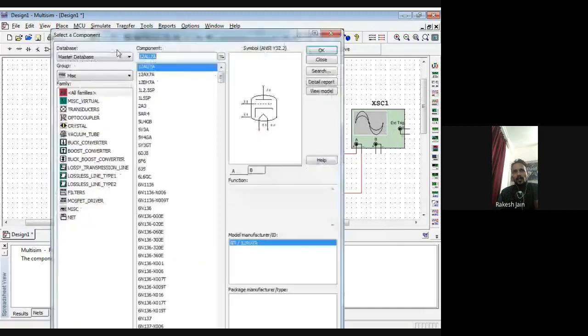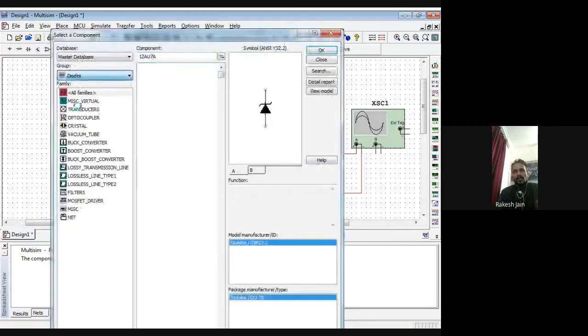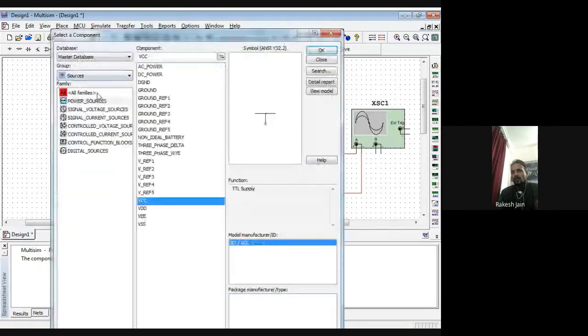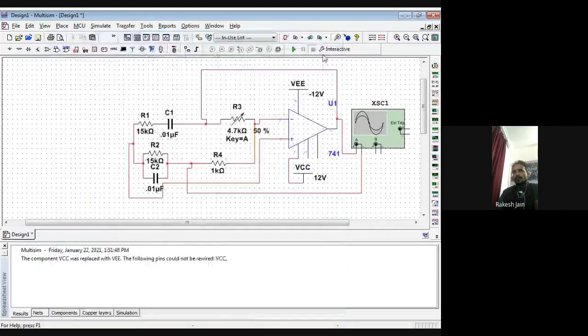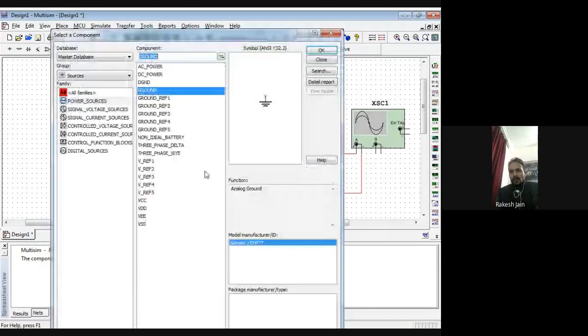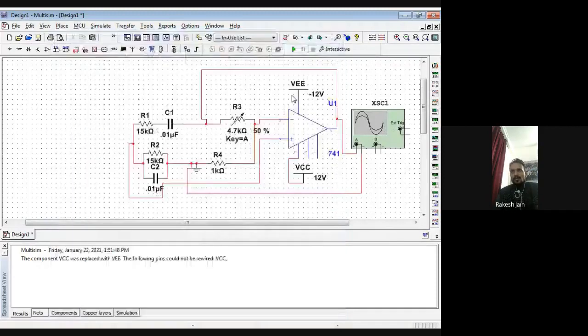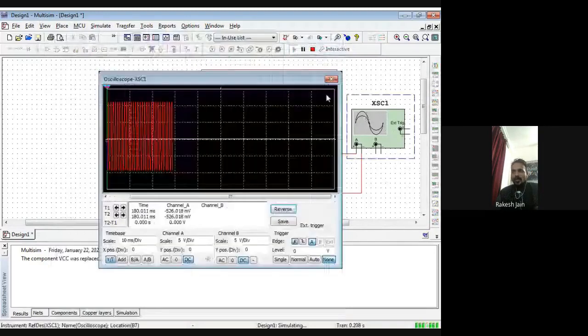Go to Misc, then Basic Sources, then Ground. This pin is actually ground. So this is the complete analysis of this operational amplifier, and now we are going to check the result.